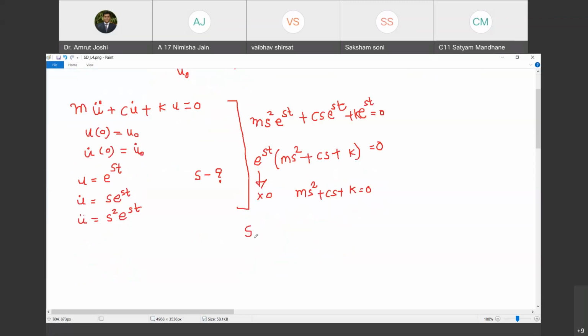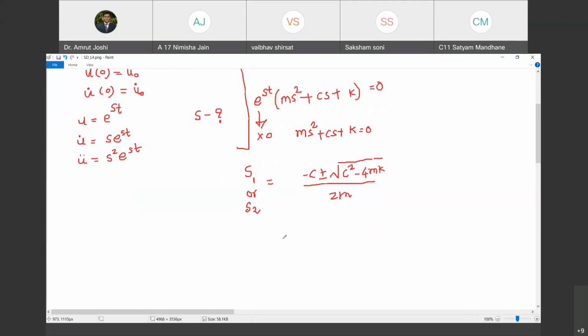So what is the solution for s? s is going to have two roots. First root I'm going to call s1, and second root I'm going to call s2. They will be given as the solution of quadratic equation in s. So what is the solution? Minus c plus or minus square root of c square minus 4mk upon 2m. Do you agree with me, Nimisha?